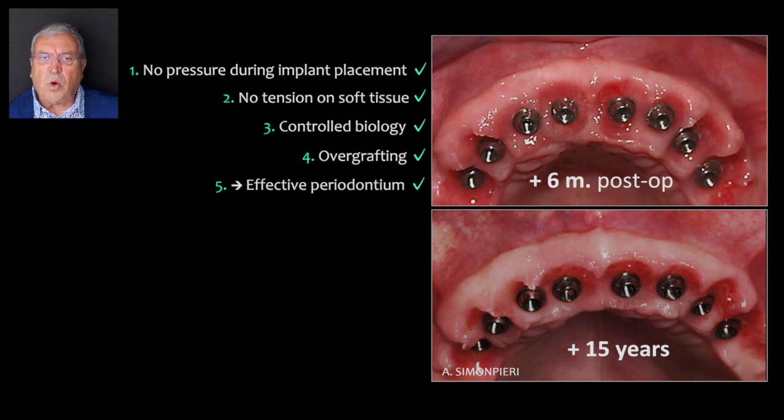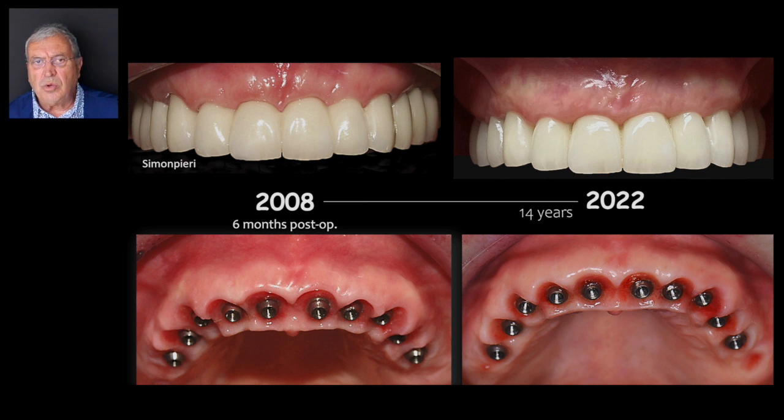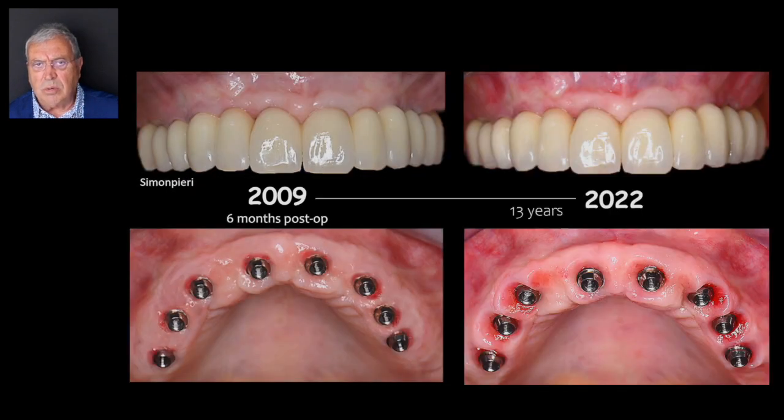And then what will happen after 15 years? Nothing. Even after 14 years, there is no reason to lose any bone. After 13 years, there is no reason to lose any bone.